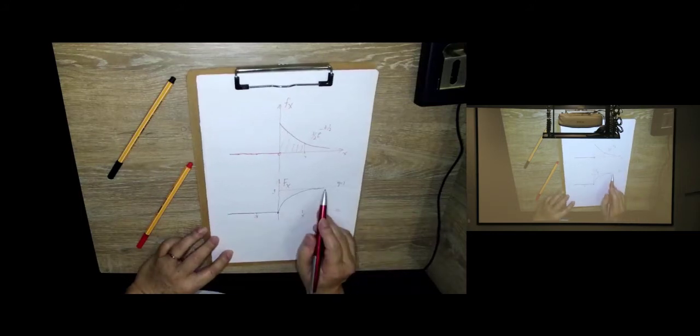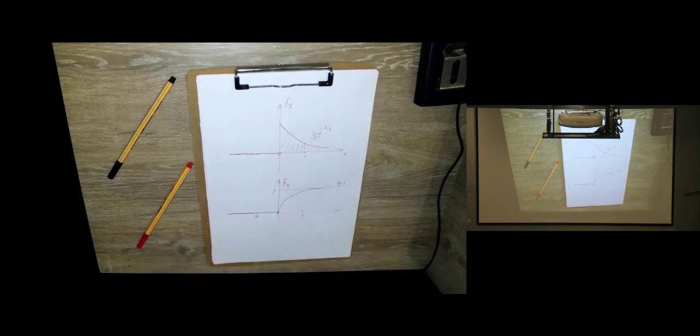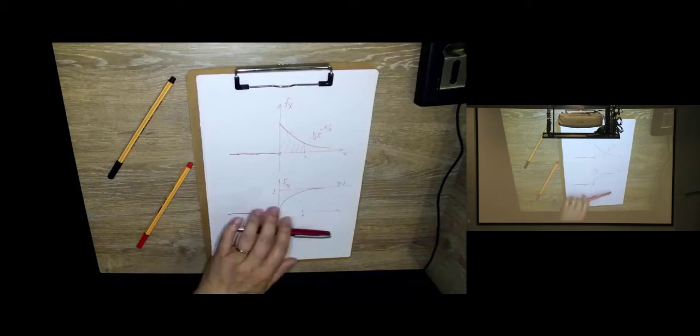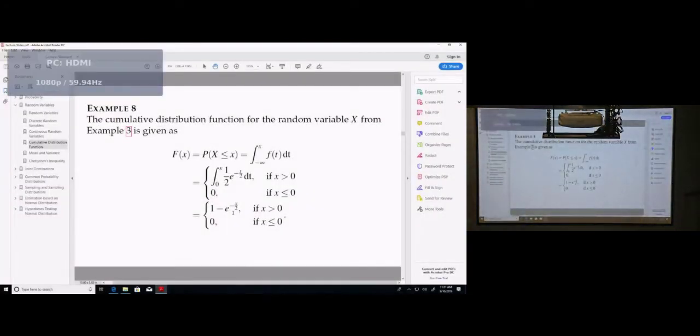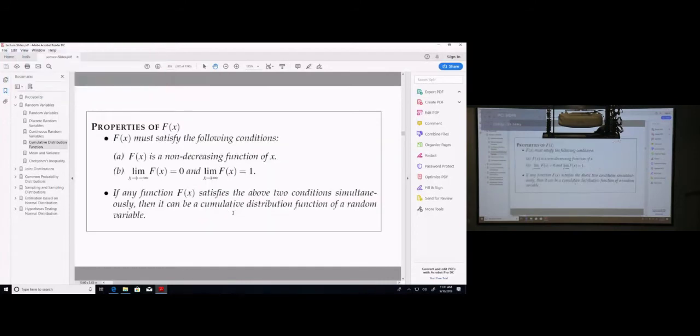But it will never reach this line, all right? So there is a big term here. It's called asymptotes, right, of this function. Okay. So this is the illustration I was meaning before. F of x is never equal to 1, whatever large value of small x is. But in the end, it will equal to 1.